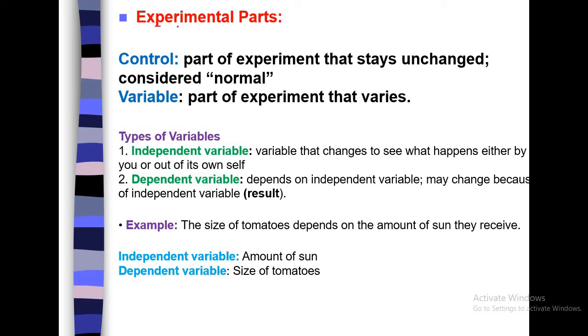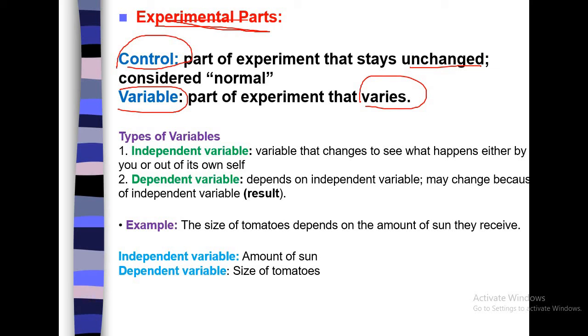Experimental parts. Any experiment consists of control and variable. Control is the part of an experiment that stays unchanged. When you make an experiment, we must have control and variable. Control, that part in an experiment that stays unchanged, while variable is the part of the experiment that varies.